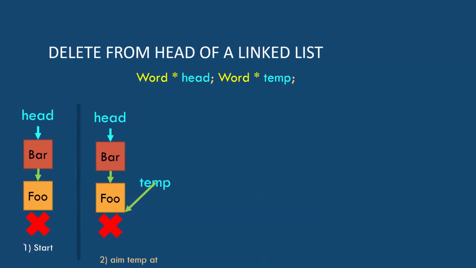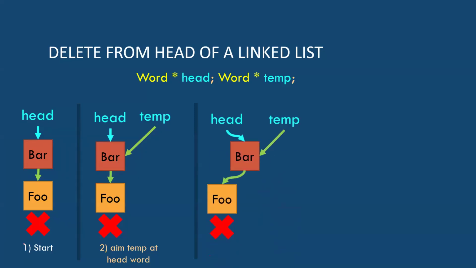If I want to delete from the head, similarly, I'm going to grab onto the thing I want to delete. I'm going to move the head around it, okay? So I'm going to say head equals head next, or head equals temp next. Those are both the same thing. Move the head to the head next pointer. If this is head, then this is next.